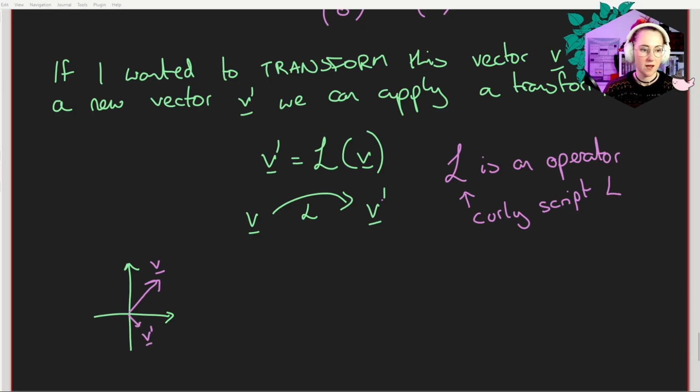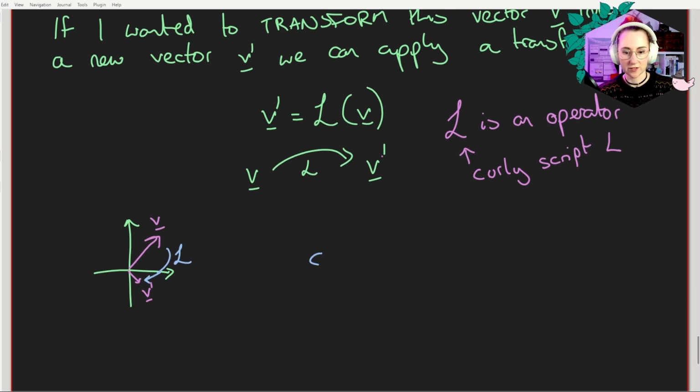The map L translates from one to the other. And this is where we're going to shift over to Desmos.